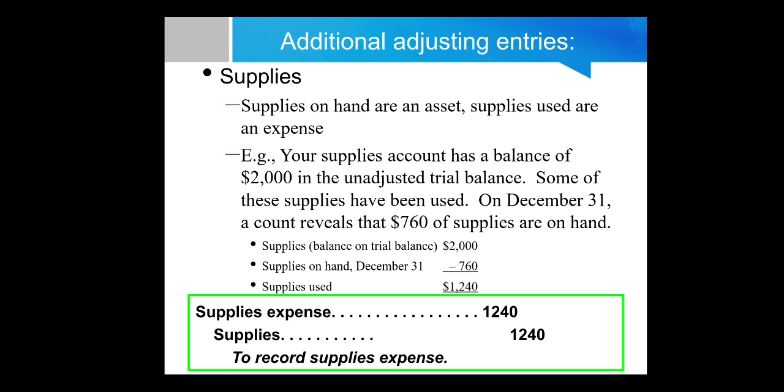So when the supplies asset is decreased, you have to credit the supplies asset account. So that's why the second journal entry is: debit supplies expense because the expense has increased, credit supplies asset. Why do you credit the supplies asset account? Because there is a decrease in that account. The asset has decreased and become the expense.